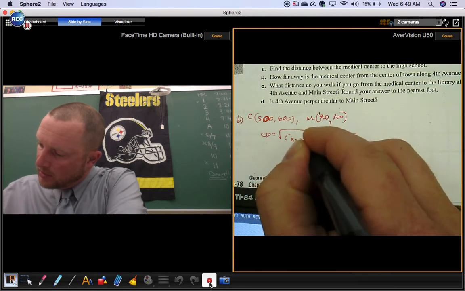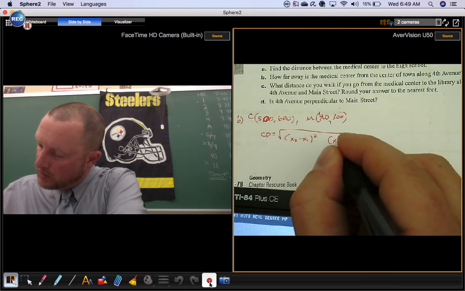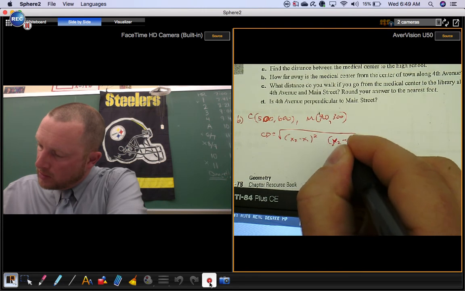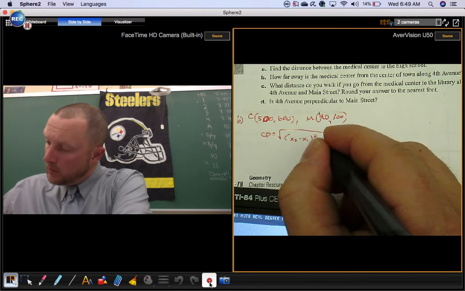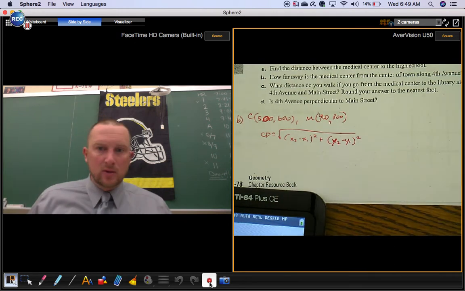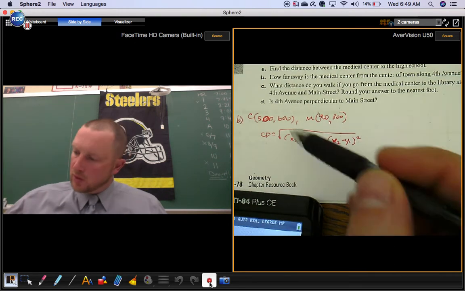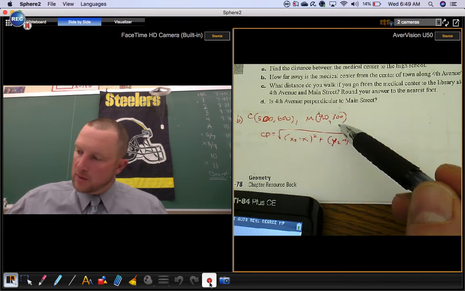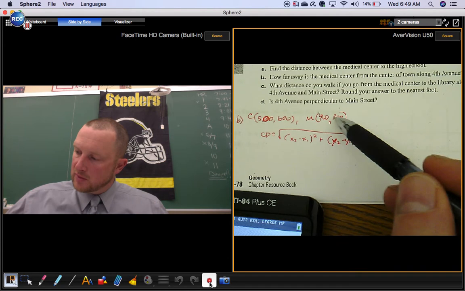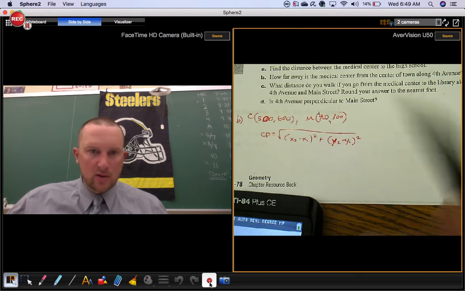We're going to subtract our x's, square them, and then subtract our y's and square them, and we're adding in between. So these x values, 900 and 500, go here. These y values, 300 and 600, go there. And you just plug those in.